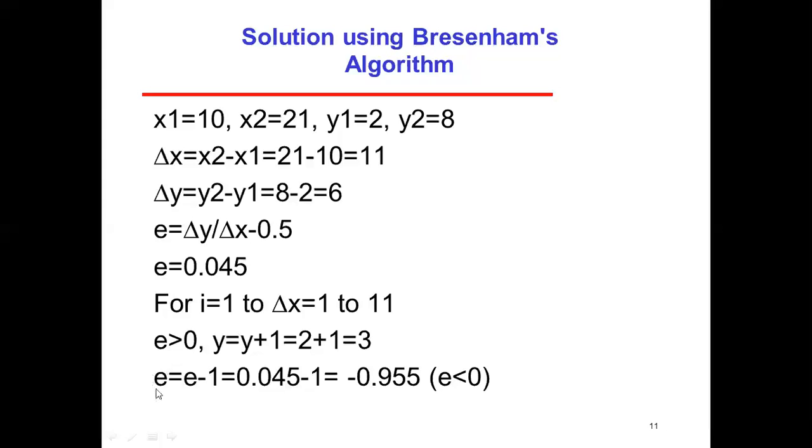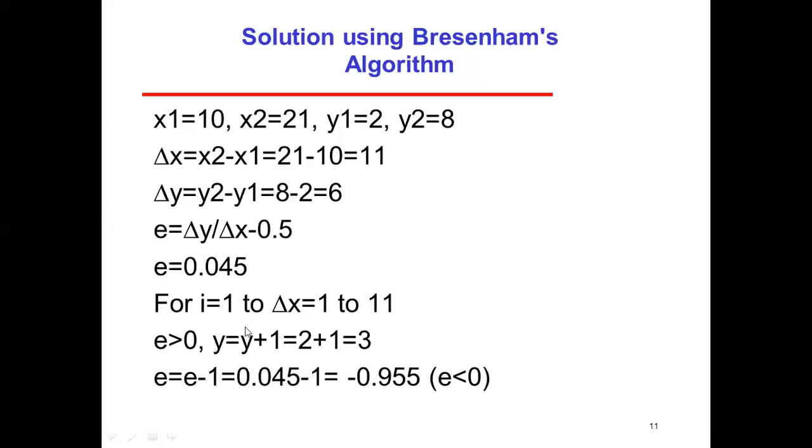And again the value of E will be changed, and that will be E equals E minus 1. This is the new value of E. So after getting the new values of x or y, again the error term will change.